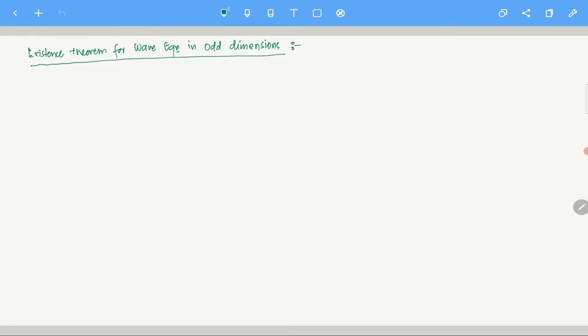So the theorem says that assume n is an odd integer greater than or equal to 3, and G is in C^(m+1)(R^n). Let's just assume that. H is in C^m(R^n).